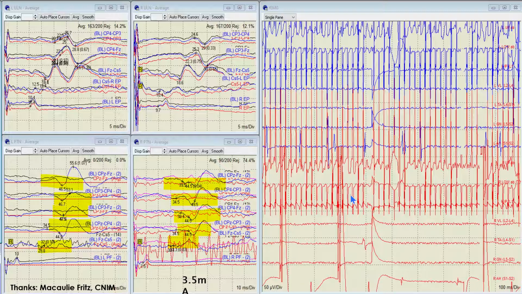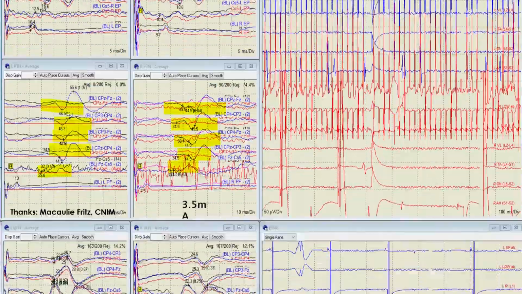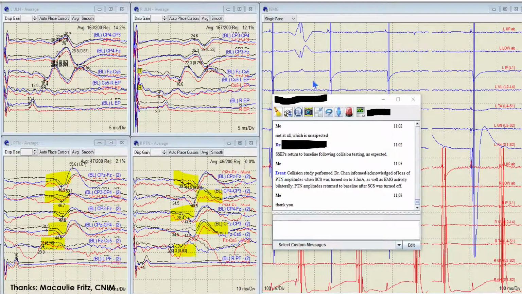The spinal cord stimulator and the SSEP collide, and the SSEP goes away. And this is how it blocks the pain. If the spinal cord stimulator blocks that SSEP, it blocks that signal to the brain that tells you that something hurts. And then they turn the stimulator off, and then boom, these responses come back. So these are kind of fun. They're pretty interactive cases, and you can be pretty helpful to the surgeon during these cases.